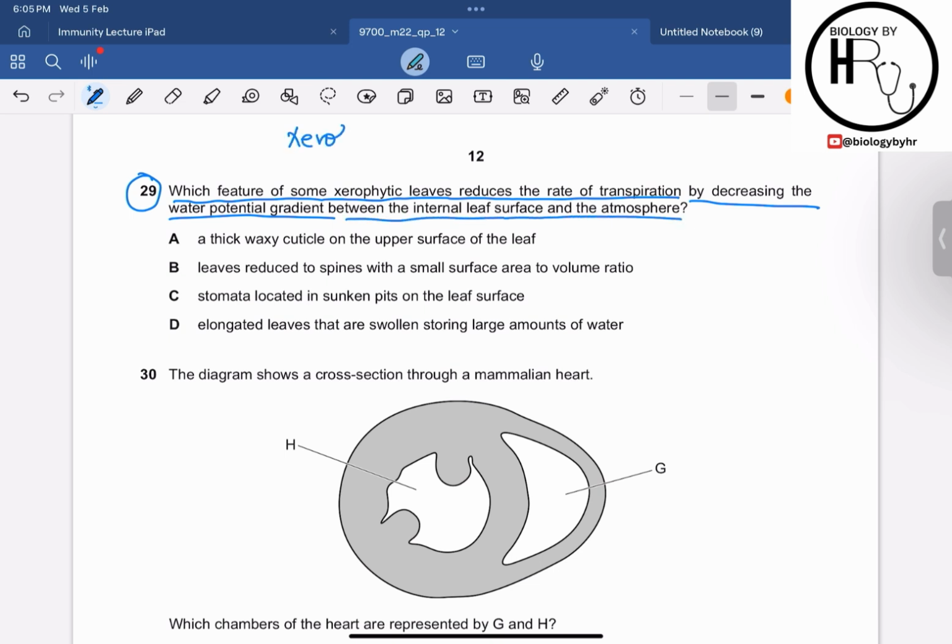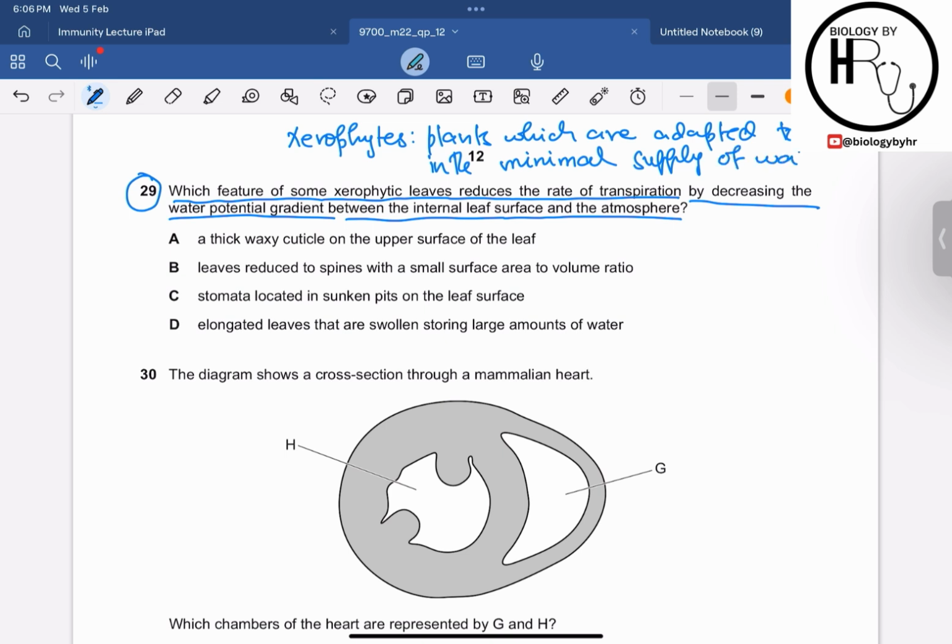Now if I talk about what xerophytes are, xerophytes are the plants which are adapted to live with a minimal supply of water, so they are basically known as xerophytes. Now they are asking which feature of the xerophytic leaves reduces the rate of transpiration by decreasing the water potential gradient between the internal surface and the atmosphere.